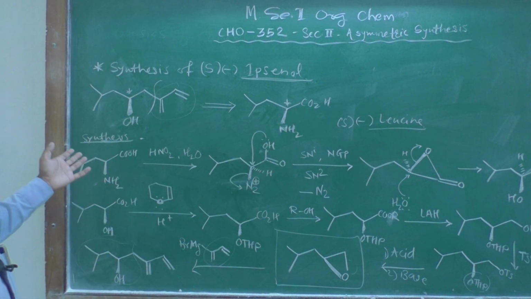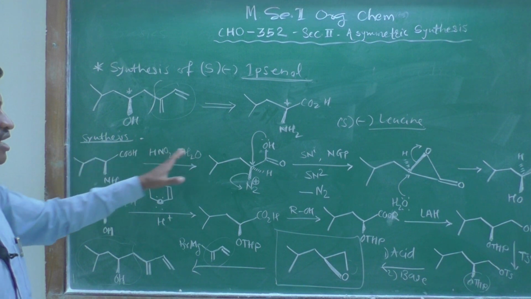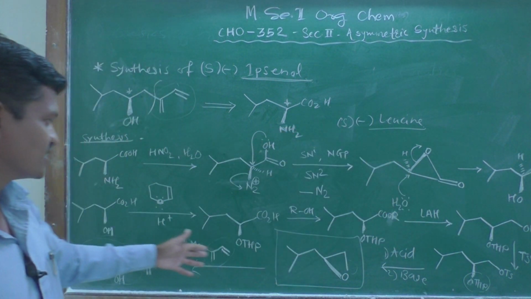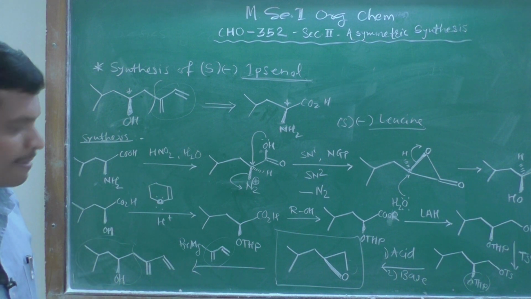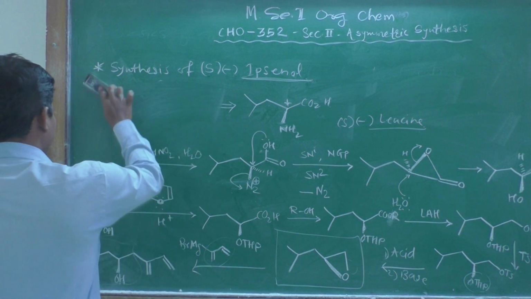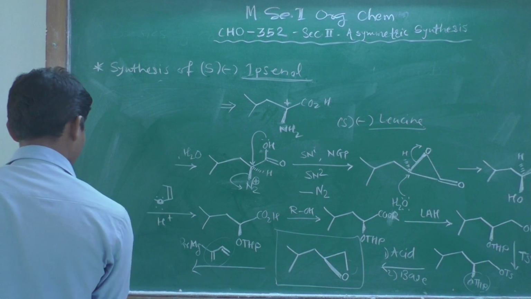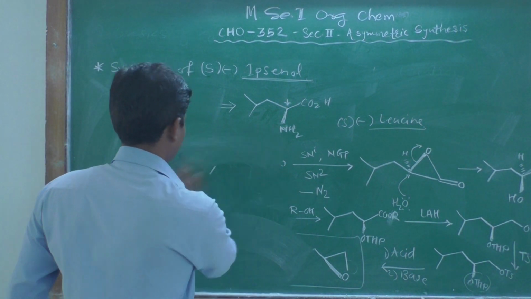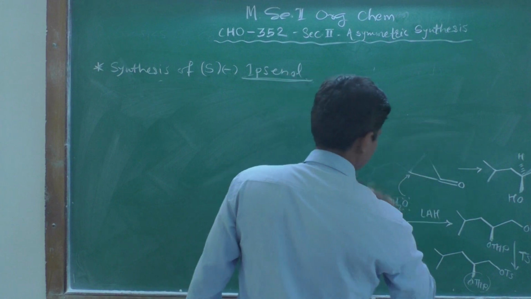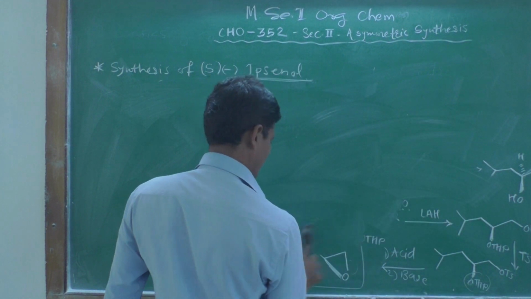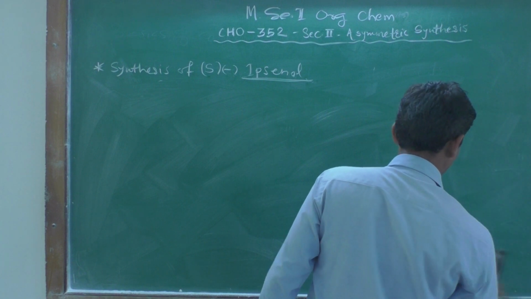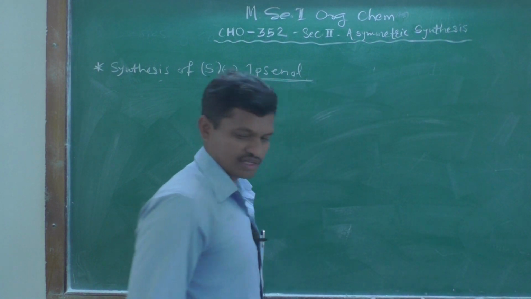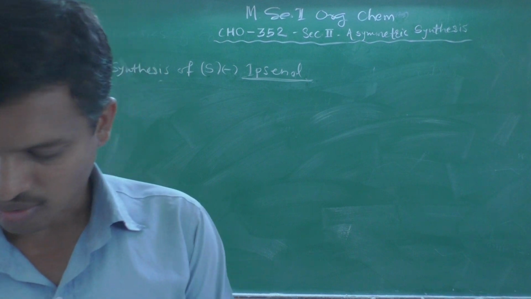So that's why we started our synthesis from S-leucine, and by doing a number of reactions we finally get the target molecule. This is very interesting actually, but you have to study properly, then you will get all these things.